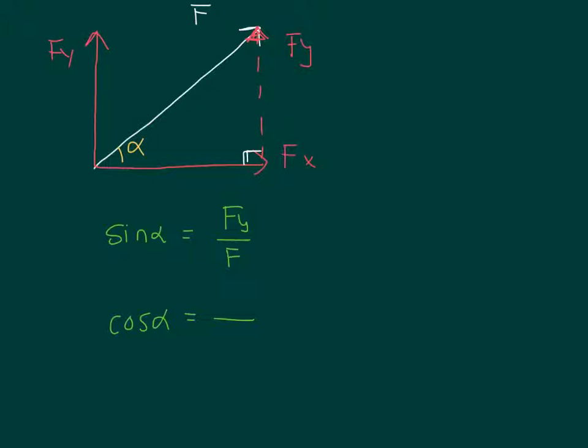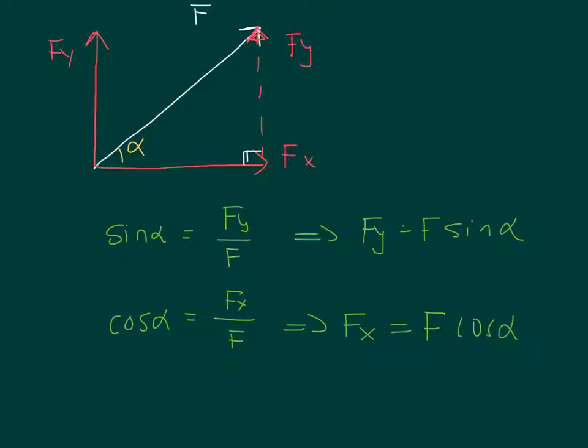And for cosine it goes Fx divided by F. And from these you can solve for Fy, which is the same as F sine alpha, and Fx has the length of F times cosine alpha.